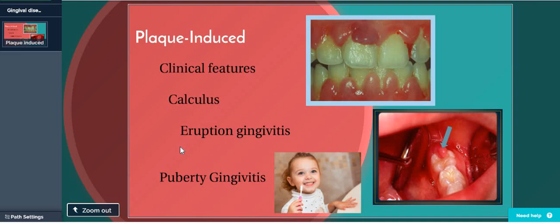Although gingivitis doesn't always proceed to periodontitis, we should know that every periodontitis is preceded by gingivitis. So optimal oral hygiene care is important.